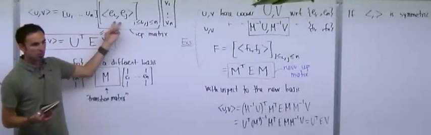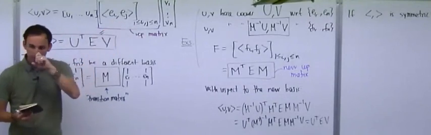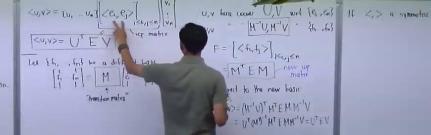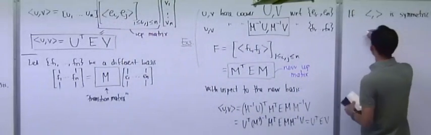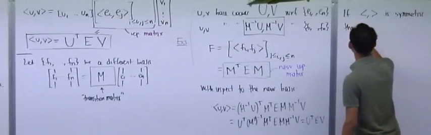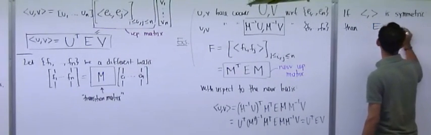But this is a symmetric bilinear form, which means that the entry ij is going to be equal to the entry ji, because the inner product of ei ej is the inner product of ej ei. So what you're going to get is that the representing matrix E is symmetric.